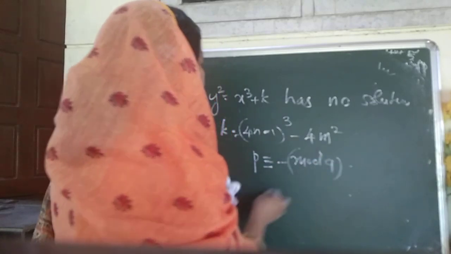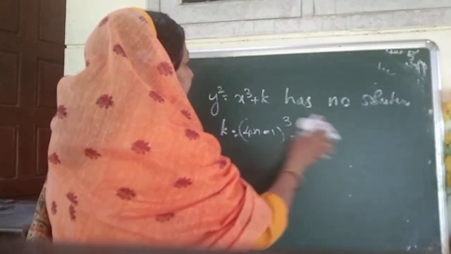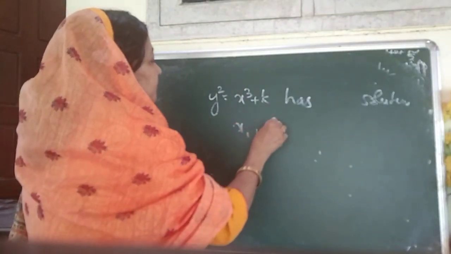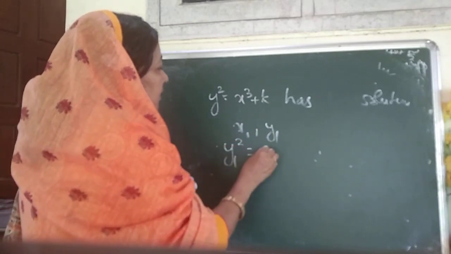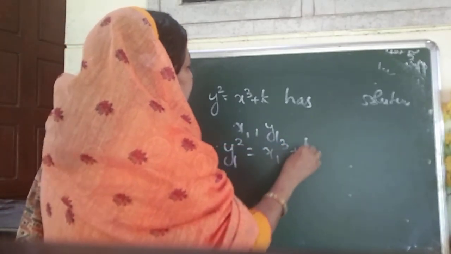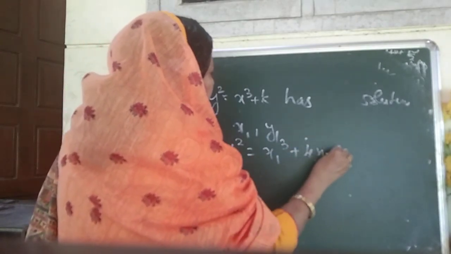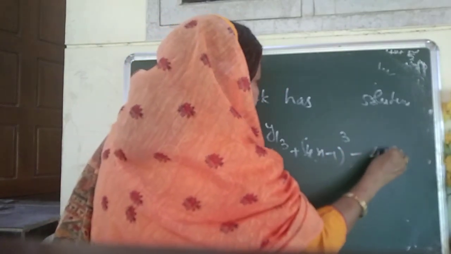We prove it easily by assuming the contradiction. Contradiction means we assume that it has a solution, say x1 and y1. Therefore y1 square equals x1 cube plus k, where k is (4n minus 1) the whole cube minus 4m square.